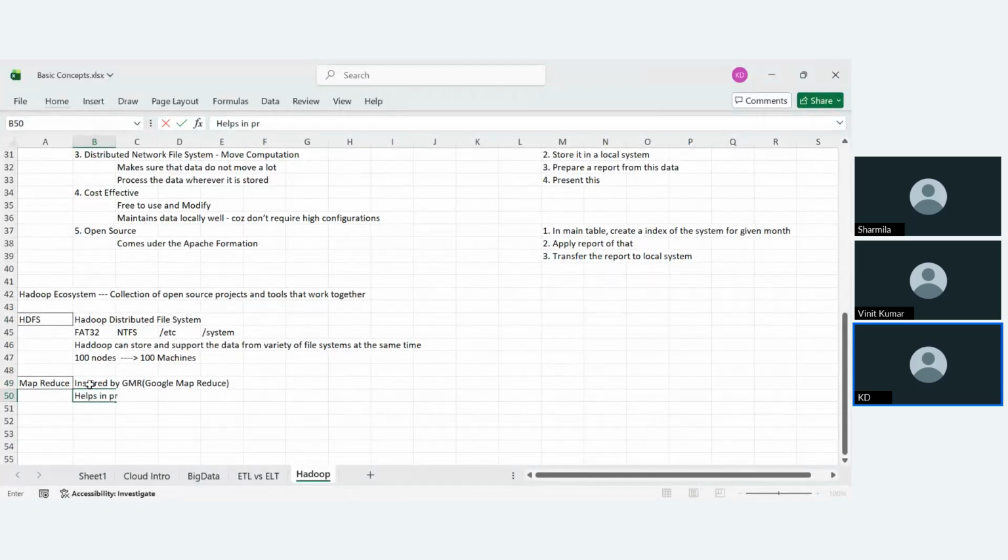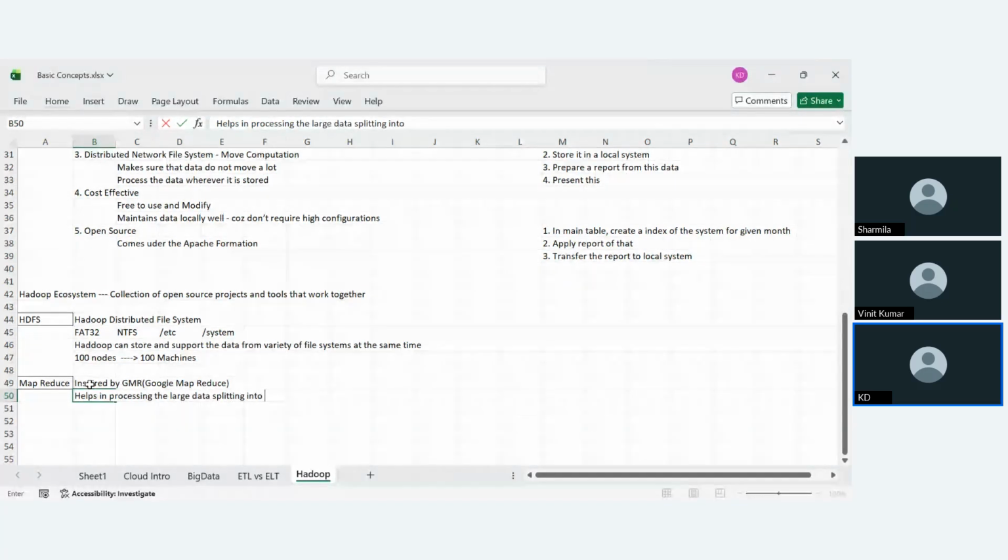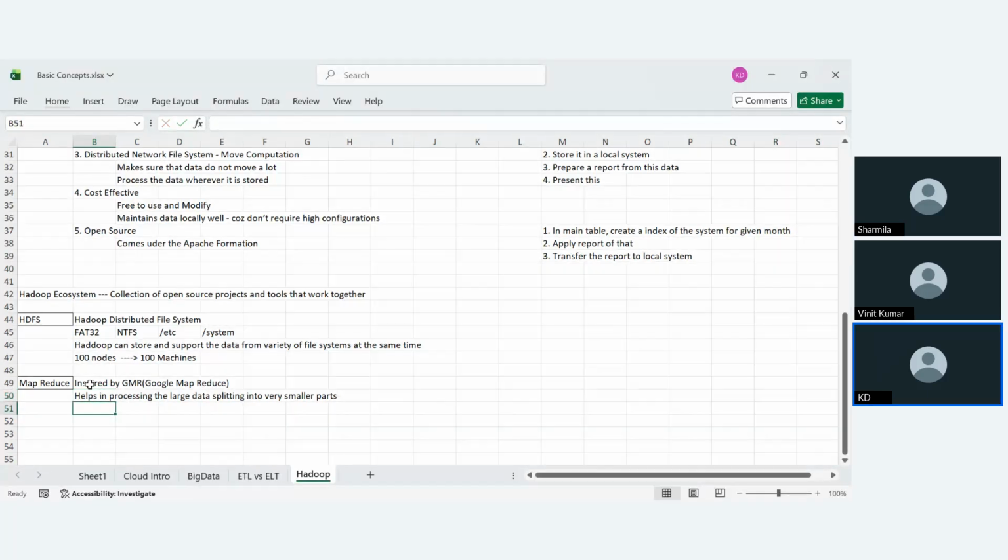Basically, this helps in processing large data by splitting it into very small parts. As you heard, with the distributed file system, it does not process the data on one system. It processes the same data through various systems. And when this splits into smaller parts, these smaller parts can run in parallel.